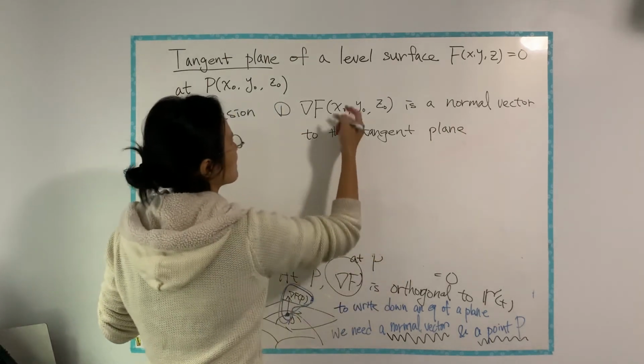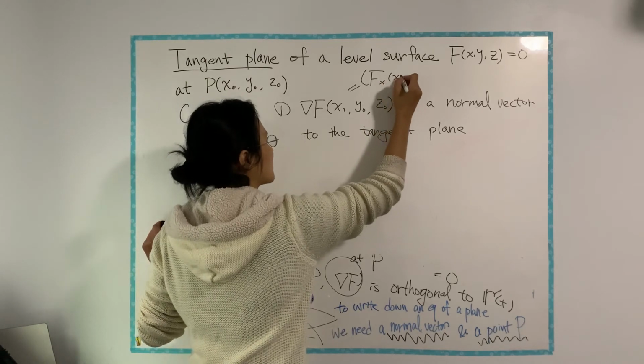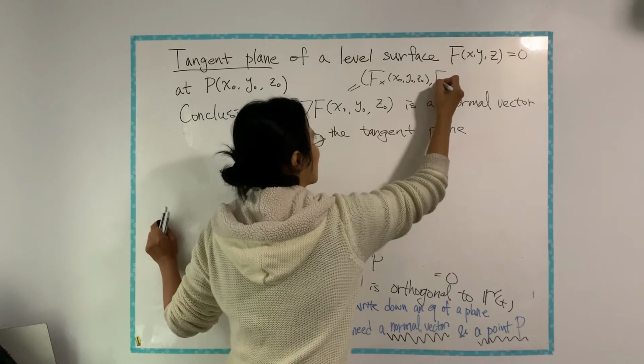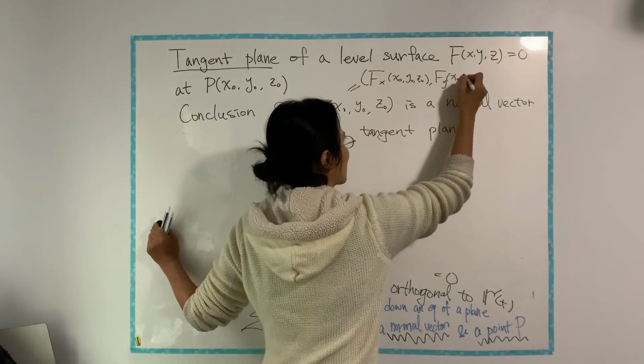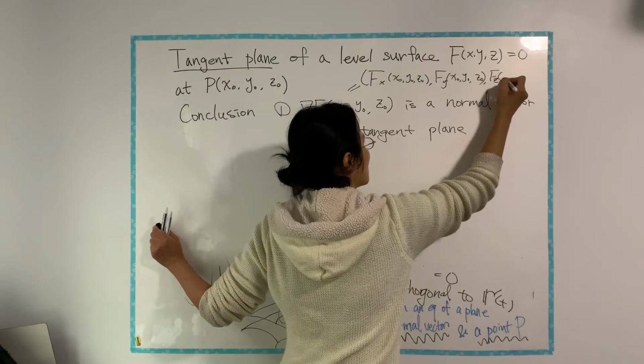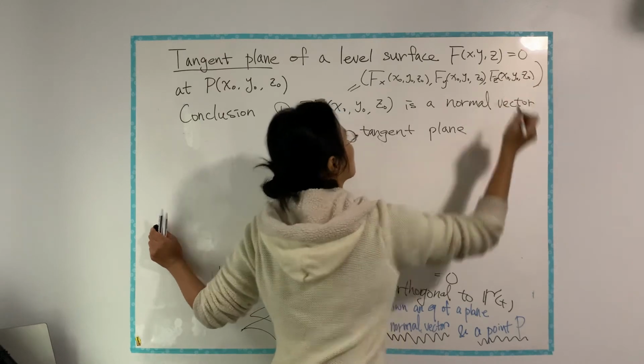Okay, so what is this? This is df dx at x naught y naught z naught, df dy at x naught y naught z naught, df dz at x naught y naught z naught, if I write it out.